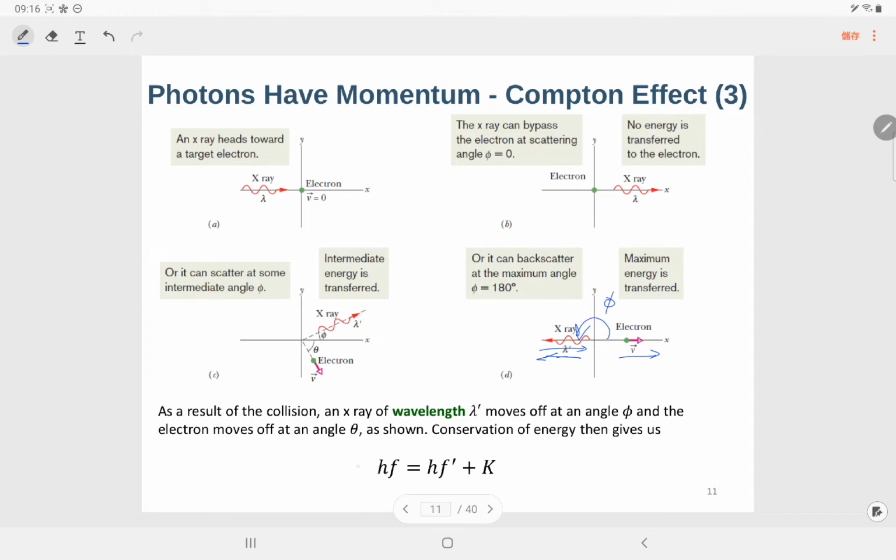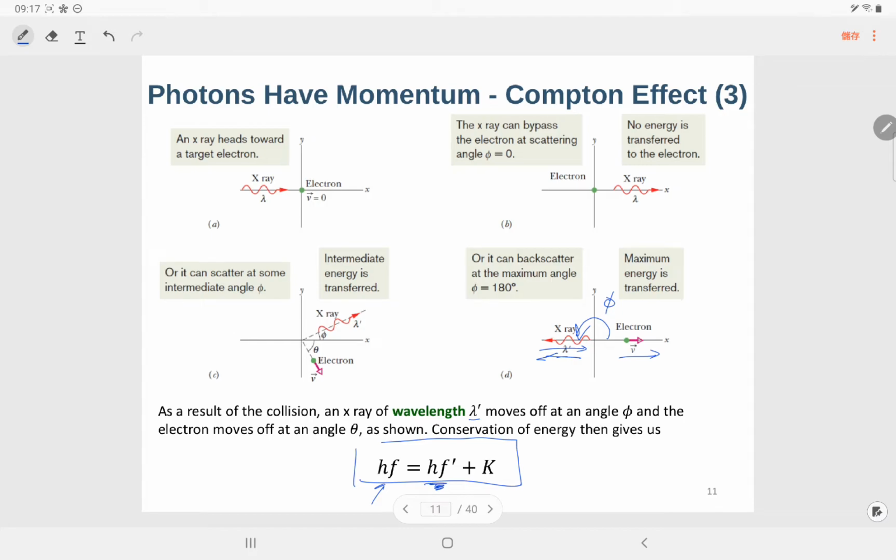So here actually we can write one of the equations like this. F is the original frequency of the X-ray, so E equals hf is the energy of the photon. And then f prime means after the collision, the frequency or the wavelength of the X-ray has changed to f prime or lambda prime.